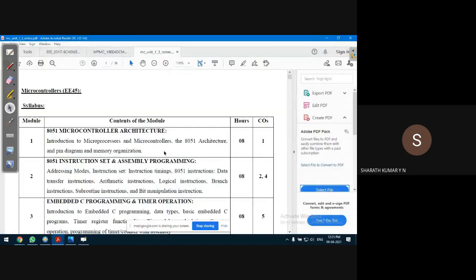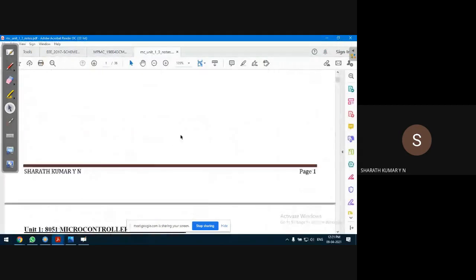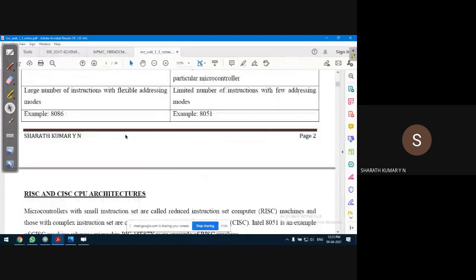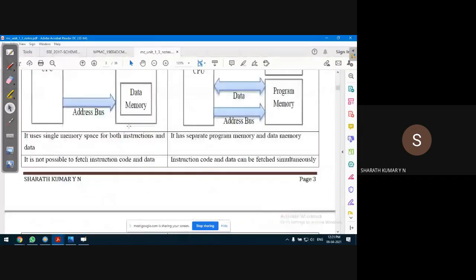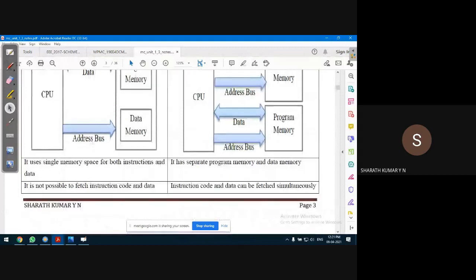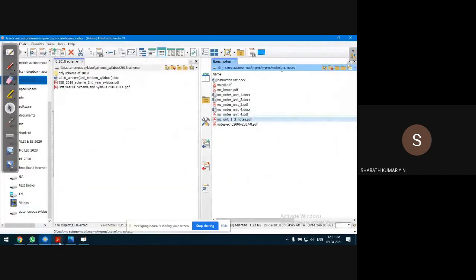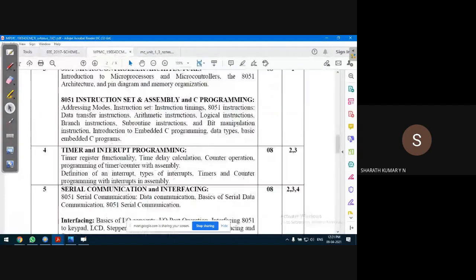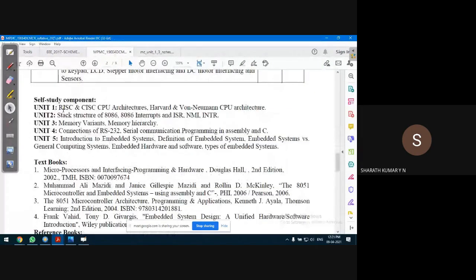So last class we discussed the difference in CISC and RISC type of architecture and Harvard. Actually, if you see the syllabus, these concepts are in self-study, and we're not supposed to discuss them straight away, but they happen to be very basic concepts, so we cannot exclude them.